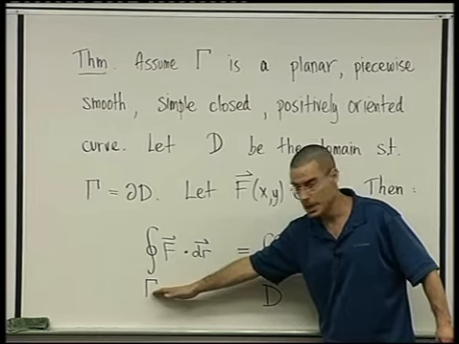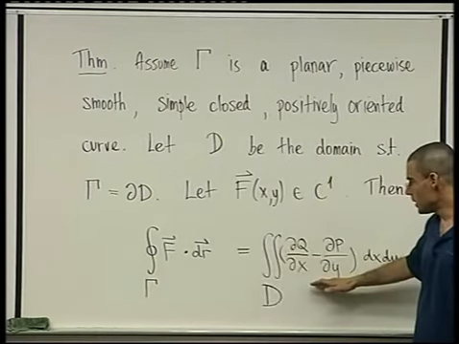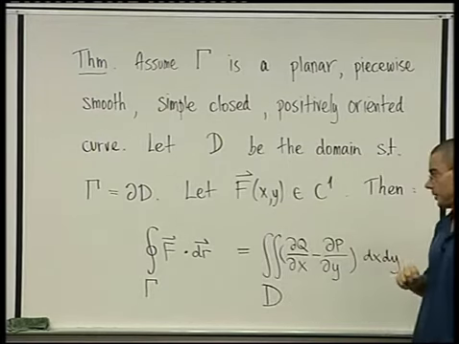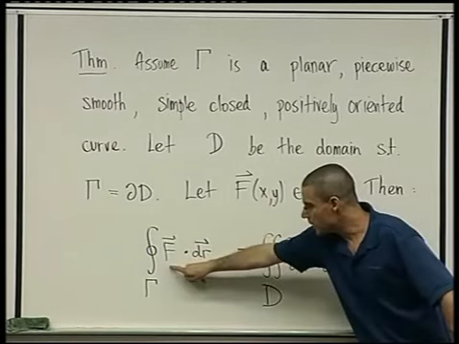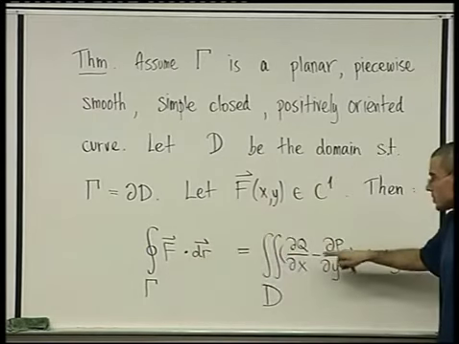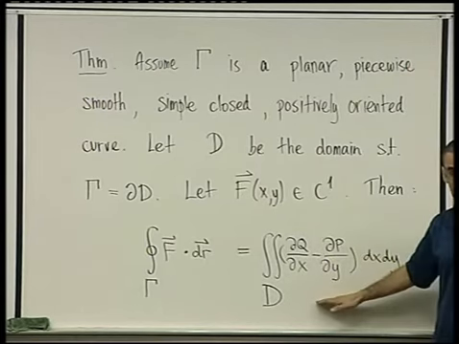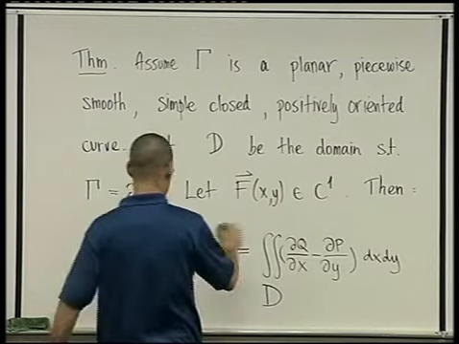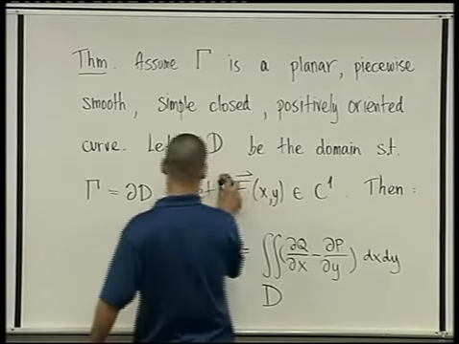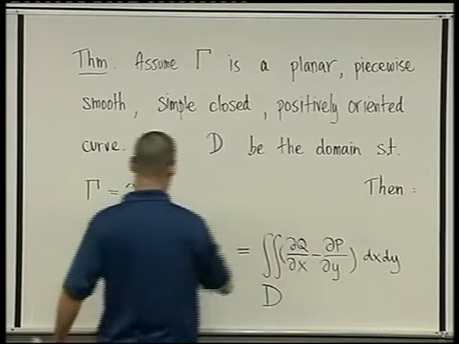Here, we're doing two things. One, instead of the function, we're taking some derivative of the function. Remember that p and q are the components of f. Let's add that.